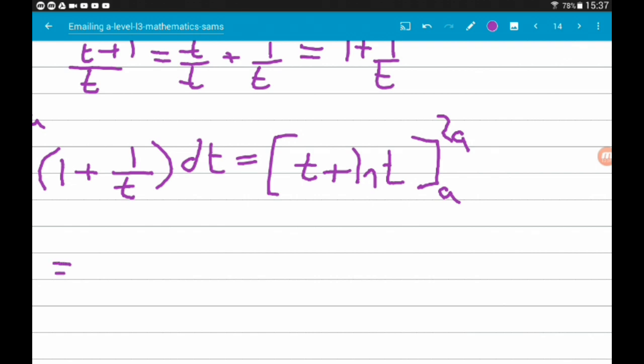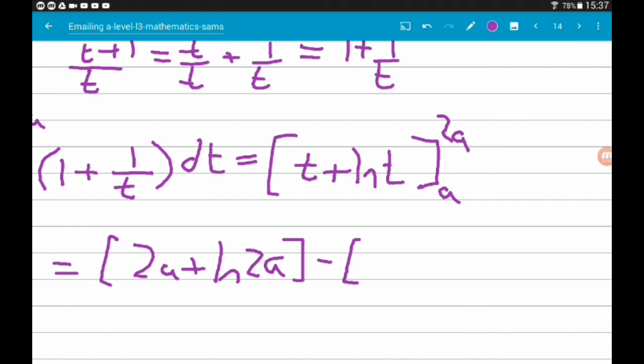That is 2a plus log of 2a, minus a plus log a.